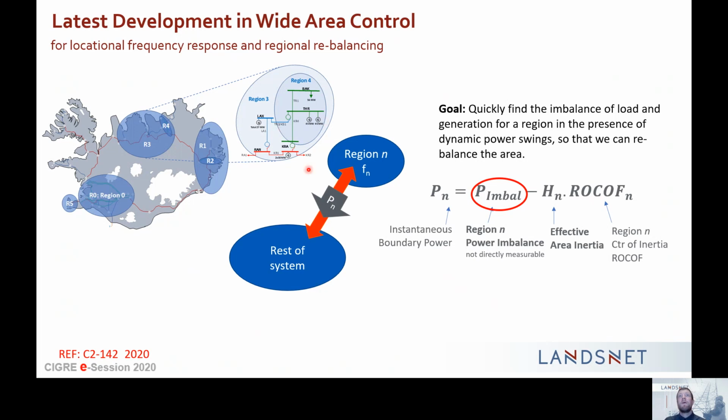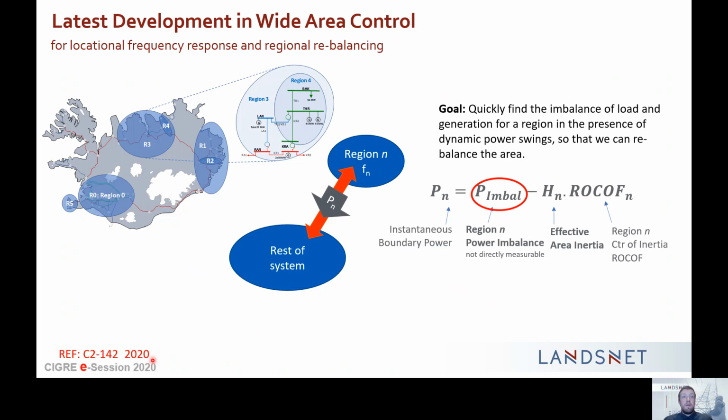We can monitor the boundaries of these systems, and then we get an instantaneous boundary power. But we really want to see the value of that imbalance power itself, so we use the instantaneous boundary power with the effective area inertia and the runoff within the areas, and then we're able to much more clearly identify the imbalance of that particular system.